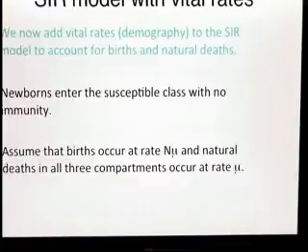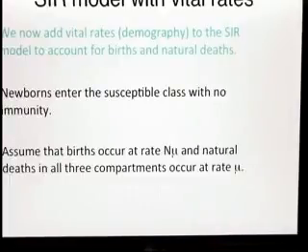Okay, so now I want to add demography, or I want to add vital rates to the basic SIR model. So I want to now consider natural births and natural deaths, because if you're studying something like dengue, which is going to occur over a long time scale, you have to include this. Okay, so we're going to assume that newborns enter the susceptible class with no immunity.